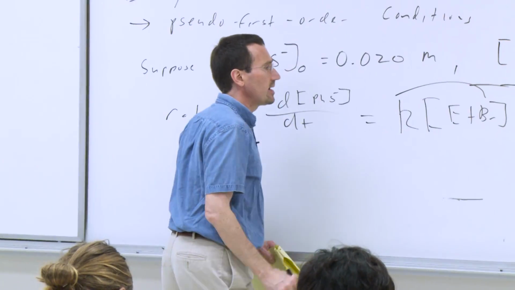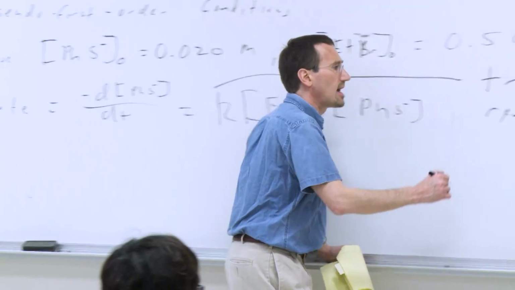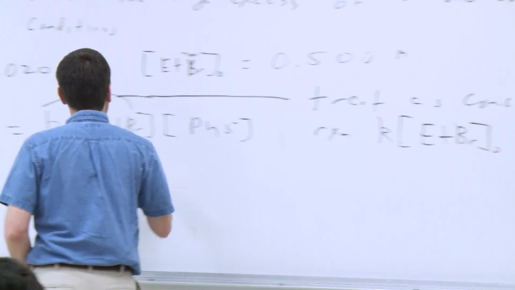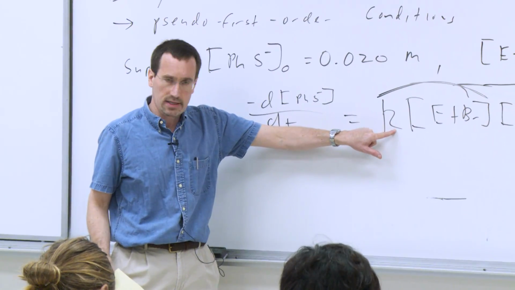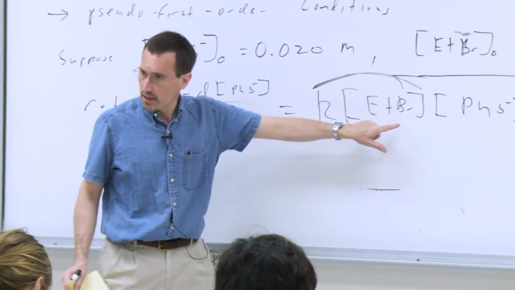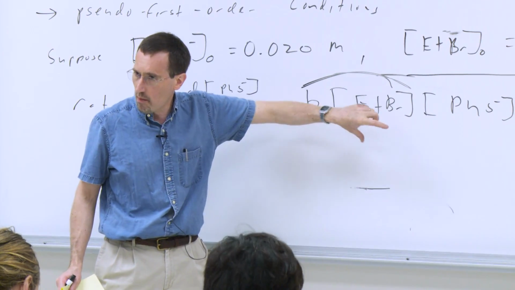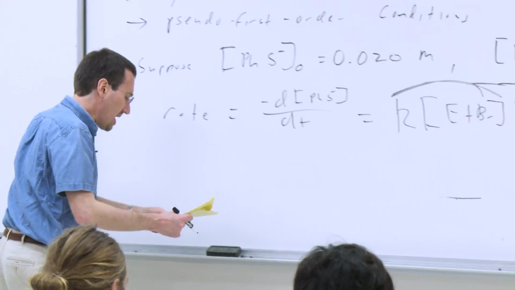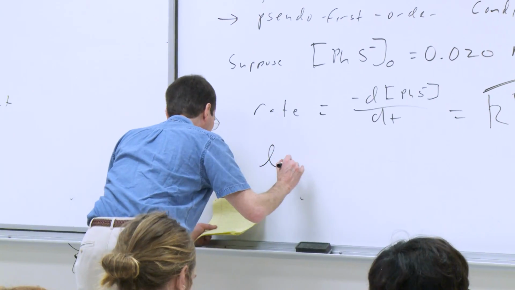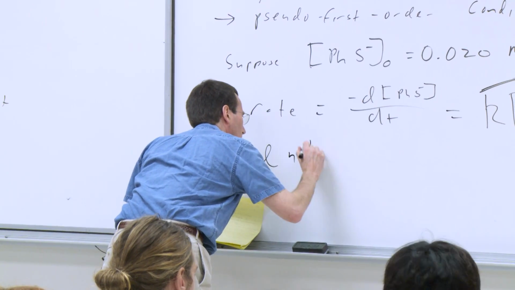If we say that it's not changing very much, and we imagine rolling our rate constant and concentration of ethyl bromide naught into a single constant, then you get the following integrated pseudo first order rate equation.